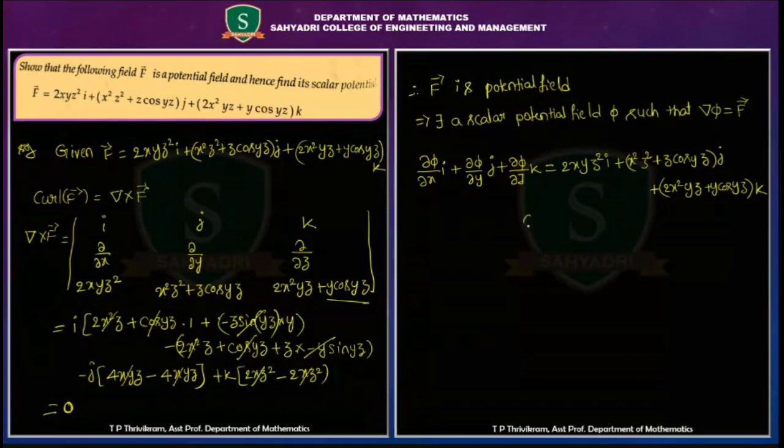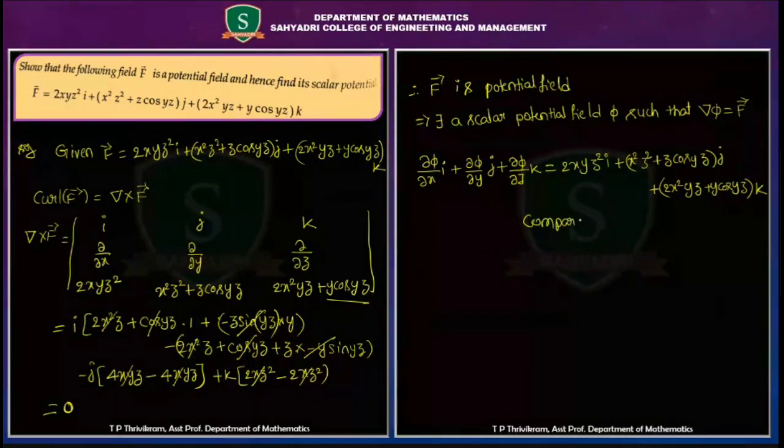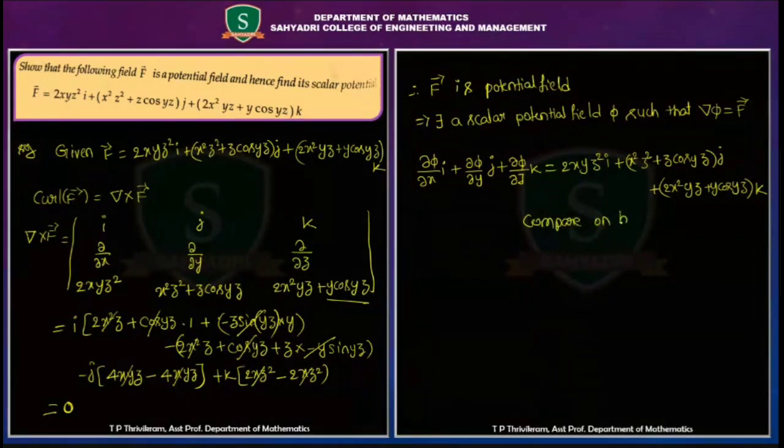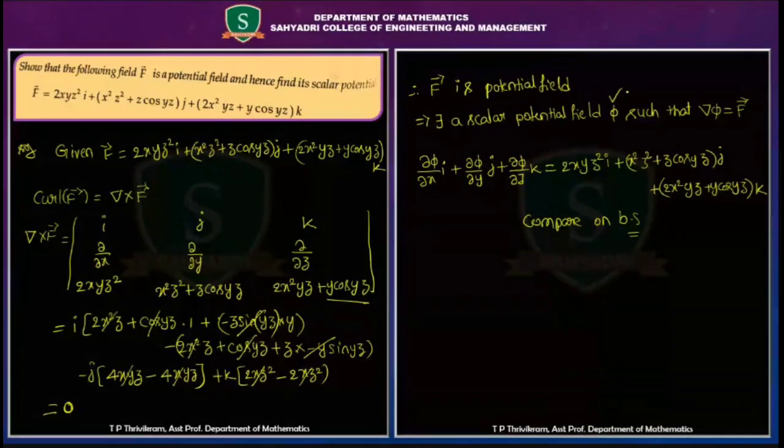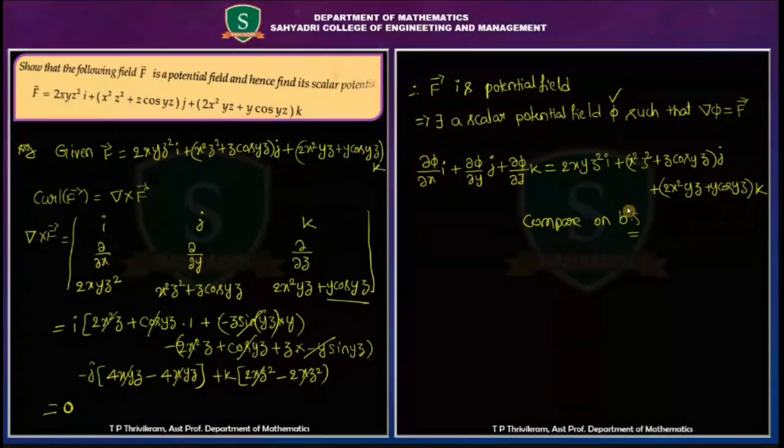So compare on both sides and find the values of this function. Okay. Try to find the phi value by comparing on both sides. Okay. So I am giving this as homework. You just try to get the answer.